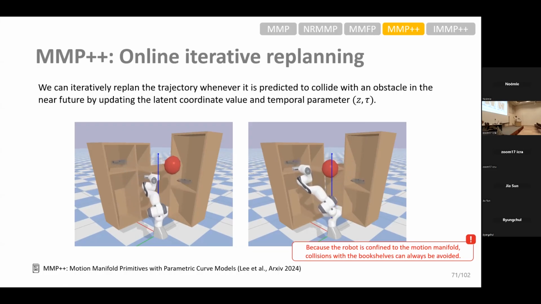But if we can detect or observe the position and the size of the sphere in real time, then we can replan. Among the trajectories in the motion manifold, we can choose an alternative trajectory that does not collide with the obstacle. That's what it does.